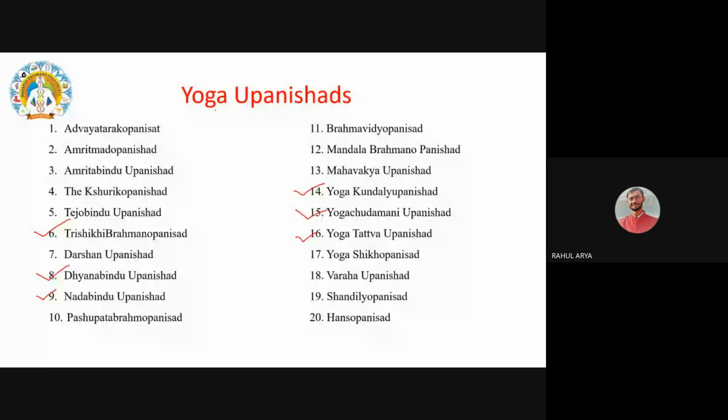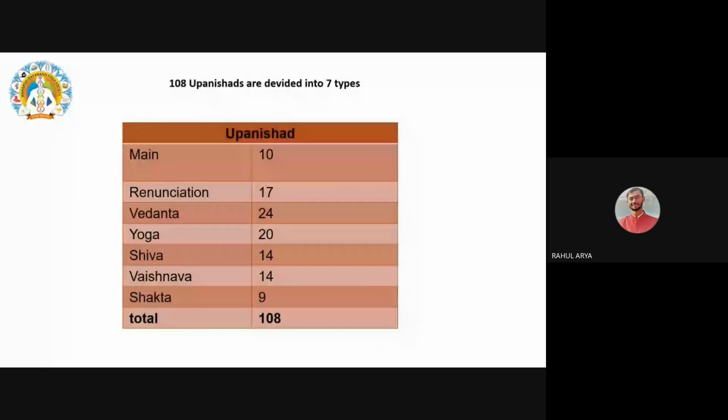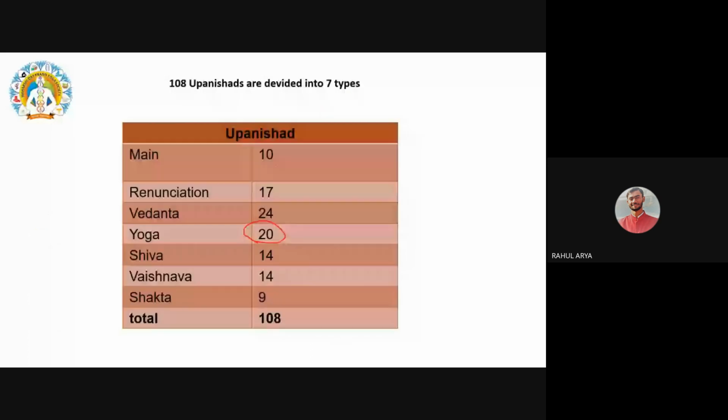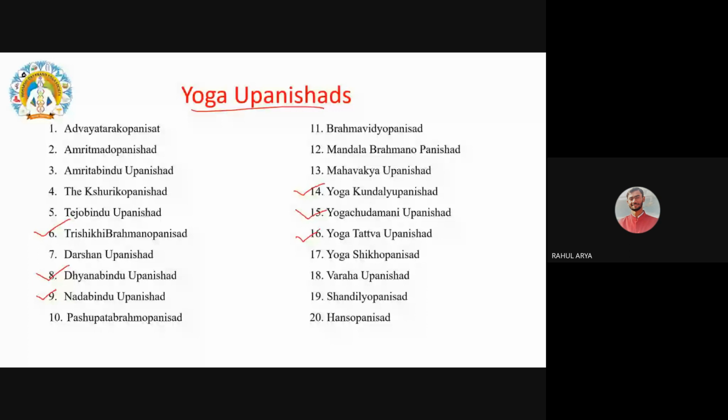Here we are considering the 20 related to the Yoga Upanishads, but my answer is that they are the major ones. In the main Upanishads and the other 17 there is no such discussion of yoga, though every Upanishad discusses a few parts of yoga.